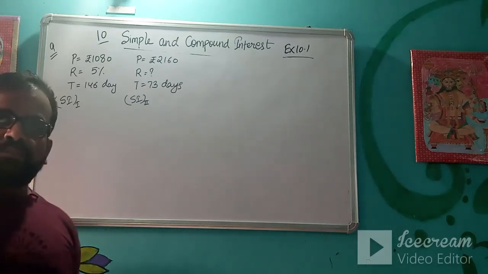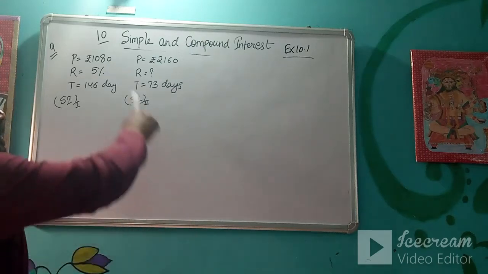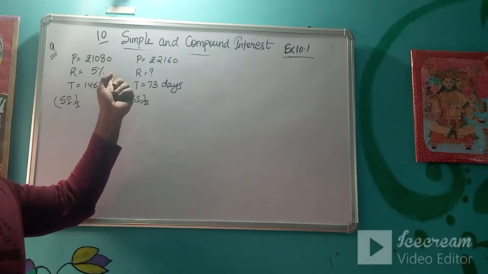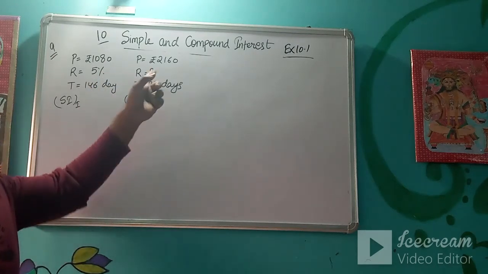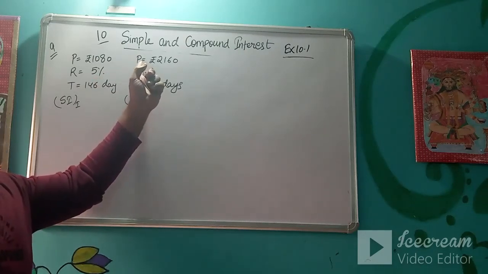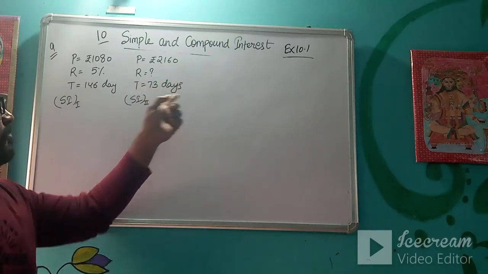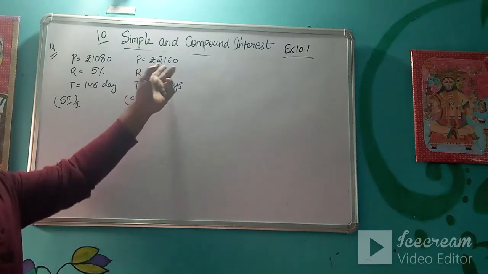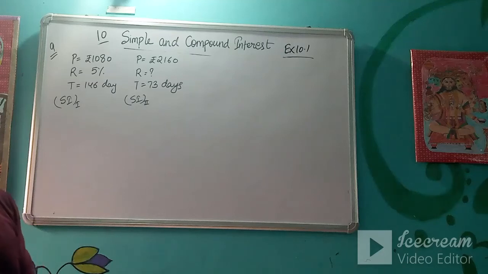Okay, so let's see question number 9. In this it is given that the simple interest on 1080 rupees at 5% per annum for 146 days is the same as the simple interest on 2160 rupees for 73 days, and both simple interests are the same, so we have to calculate the rate at which these two simple interests become the same.